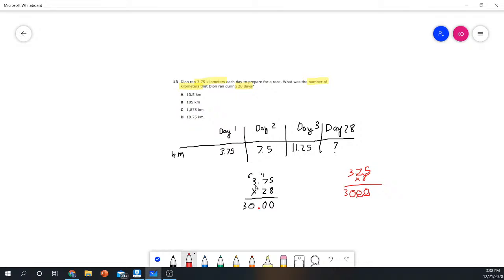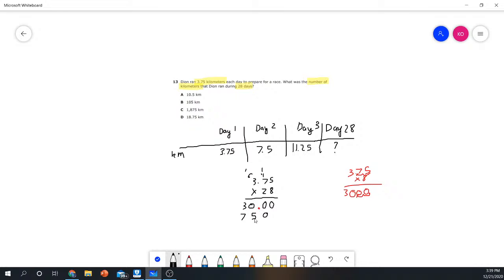Now we're going to have to multiply 3.75 times 2. 5 times 2 is 10, so 0 right here, carry forward the 1. 7 times 2 is 14, plus 1 is 15, so 5 would be right here, and carry forward the 1. And 3 times 2 is 6, plus 1 is 7, and you wouldn't have to carry forward anything.